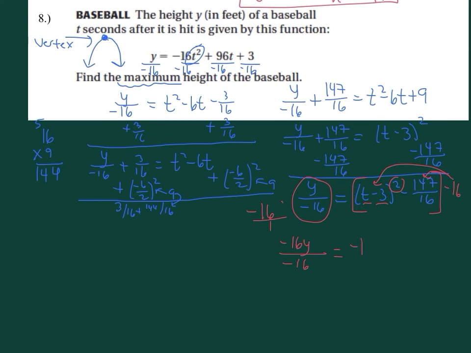So I just put it out front and say negative 16 times t minus 3 quantity squared. On the right, I'd have 147 times negative 16 divided by 16. So my negative 16s divide out here, leaving me with y equals negative 16 times t minus 3 squared. Again, the 16s divide out and the two negatives would cancel, so I'll have plus 147.